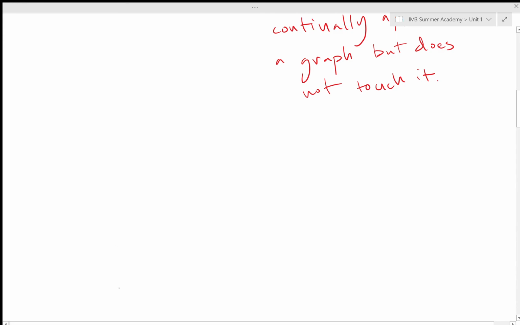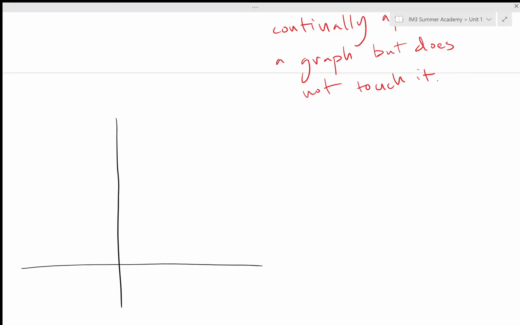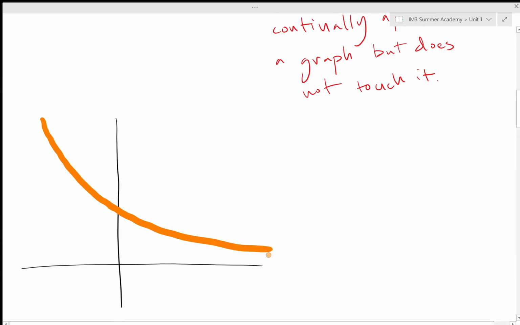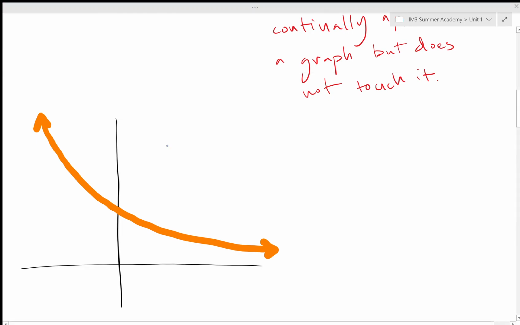So a quick little graph of that. That means something's going to start up high and then go downwards. Okay, it's going to get closer and closer to zero towards the right. So something like this would be called exponential decay, where it has a lot of value and then it goes downwards.